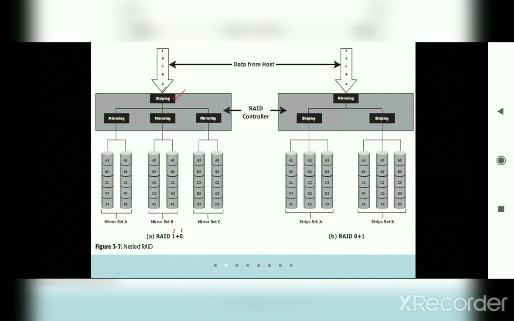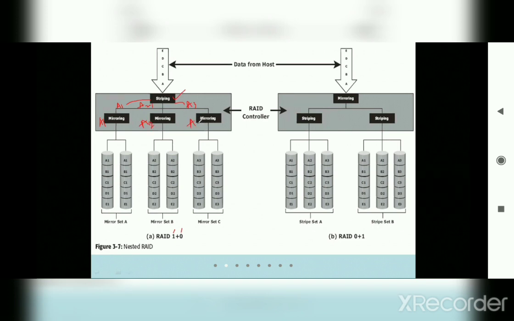Now when this data A is there, it is divided as A1, then A2, and again A3. All this data will be divided. Next, here I am applying the mirroring technique. So it comes to RAID 1: A1, A2, and A3.